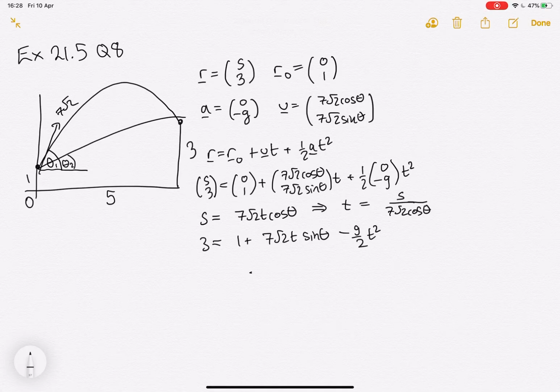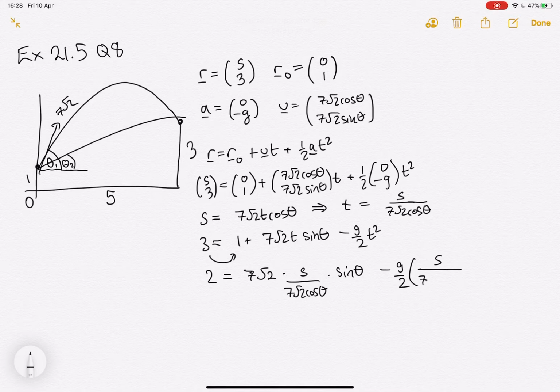So 3 subtract 1, we get 2 equals 7 root 2 multiplied by t, so times 5 over 7 root 2 cos theta, times sine theta, minus g over 2, 5 over 7 root 2 cos theta, all squared.